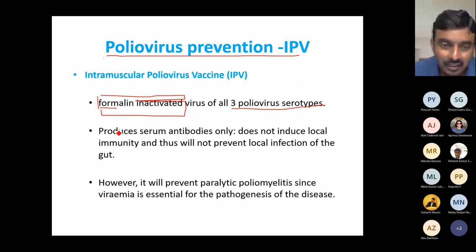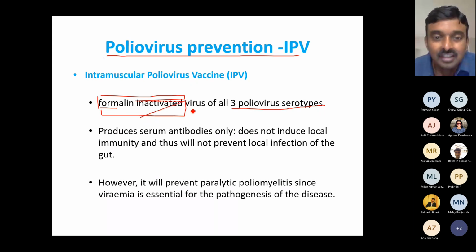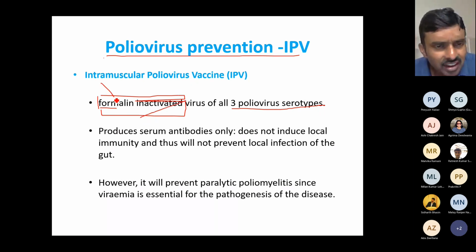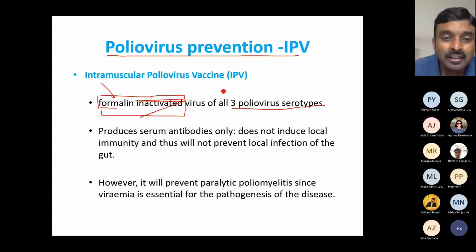It preserves the morphology and the architecture, but it causes cross-linking of DNA and proteins in a way that they don't function the way they're supposed to, and that is what inactivates the virus. There are other chemicals besides formalin that can inactivate a virus, primarily by cross-linking different entities inside the virus, including nucleic acids and proteins.